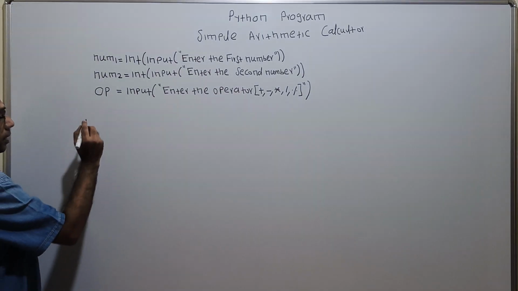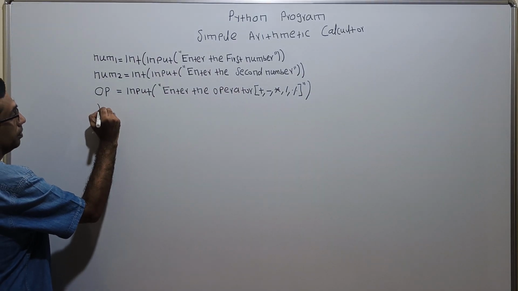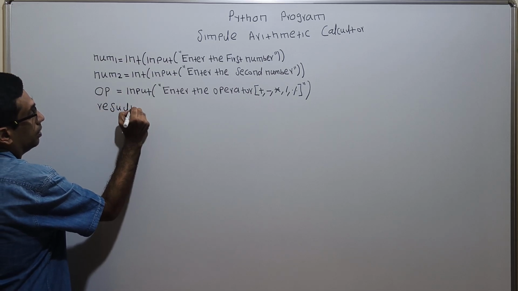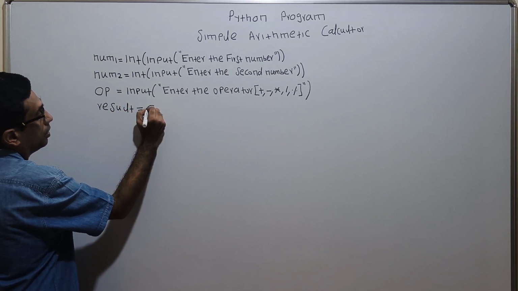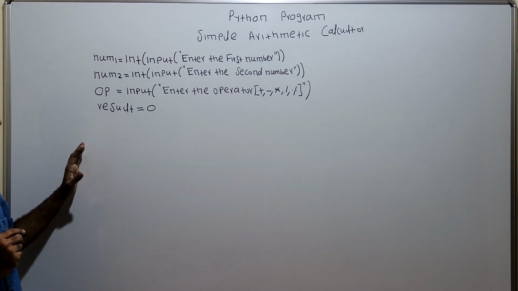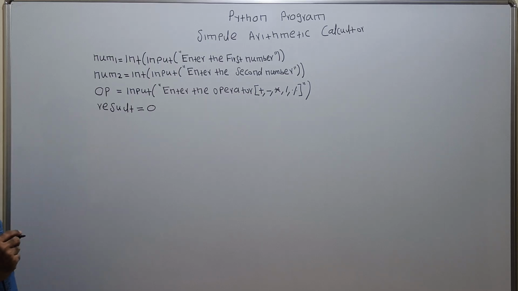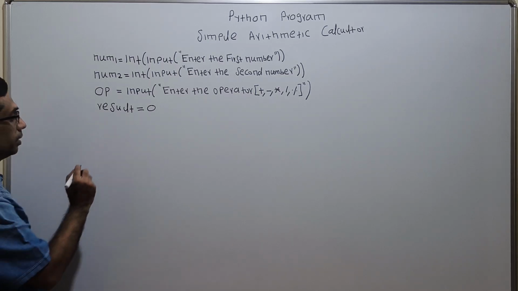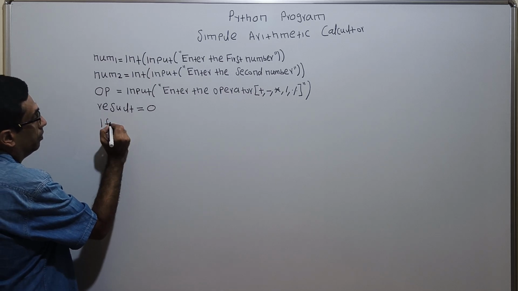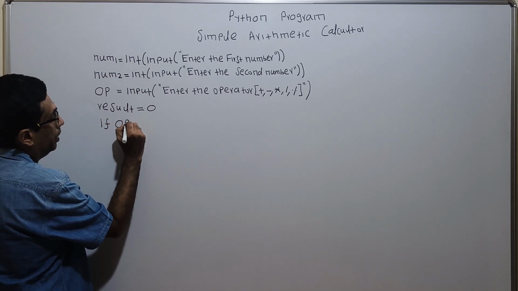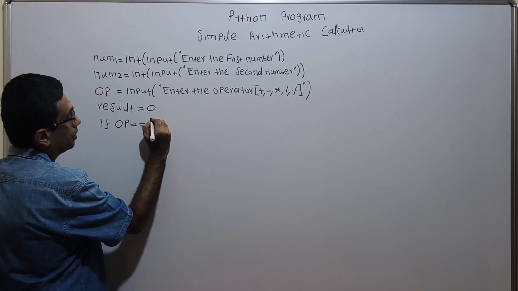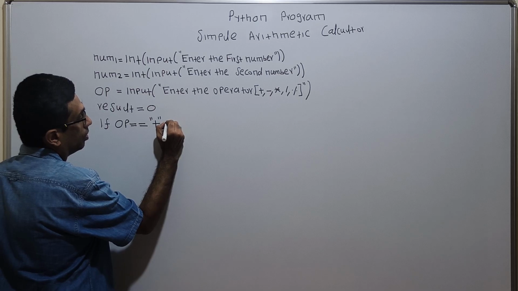Now I am initializing a variable result. result = 0. Now I am going to perform the arithmetic operation by using the if-elif-else ladder. I am writing here if op == '+': colon.